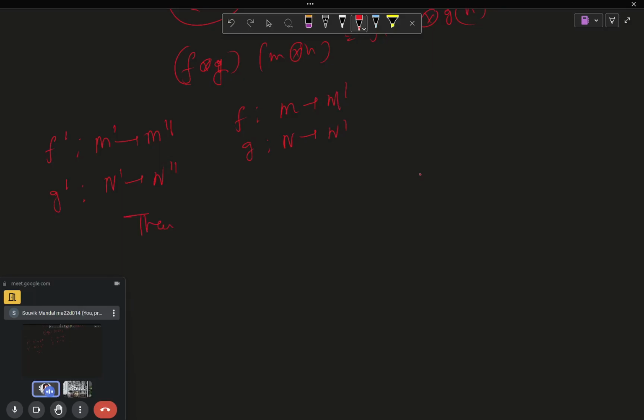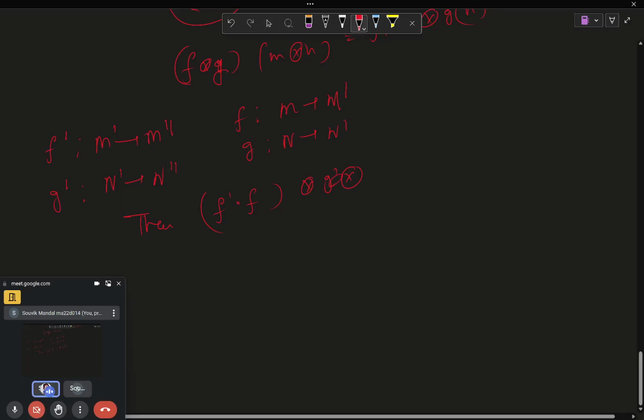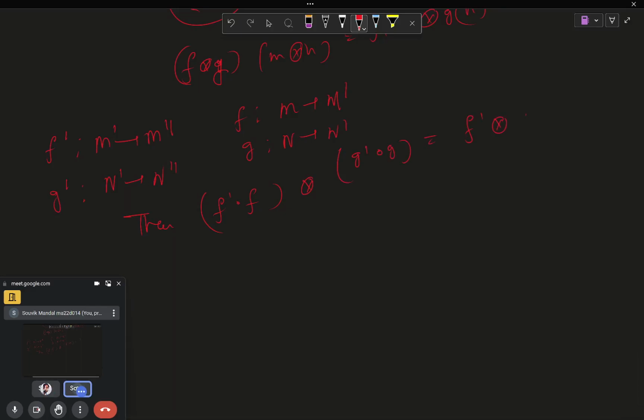Then the following will hold: (F prime compose F) tensor (G prime compose G) is nothing but (F prime tensor G prime) compose (F tensor G).